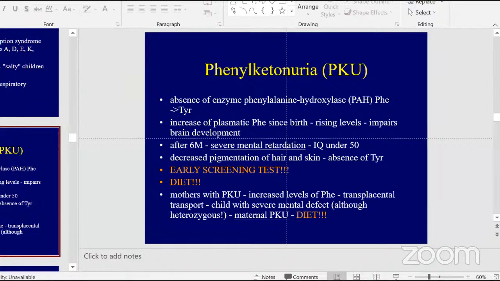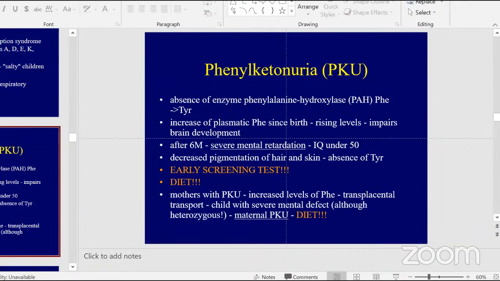So phenylketonuria is because of the deficiency of the enzyme phenylalanine hydroxylase that converts phenylalanine to tyrosine. So the best way to rectify this at that particular stage is to remove phenylalanine from the diet.